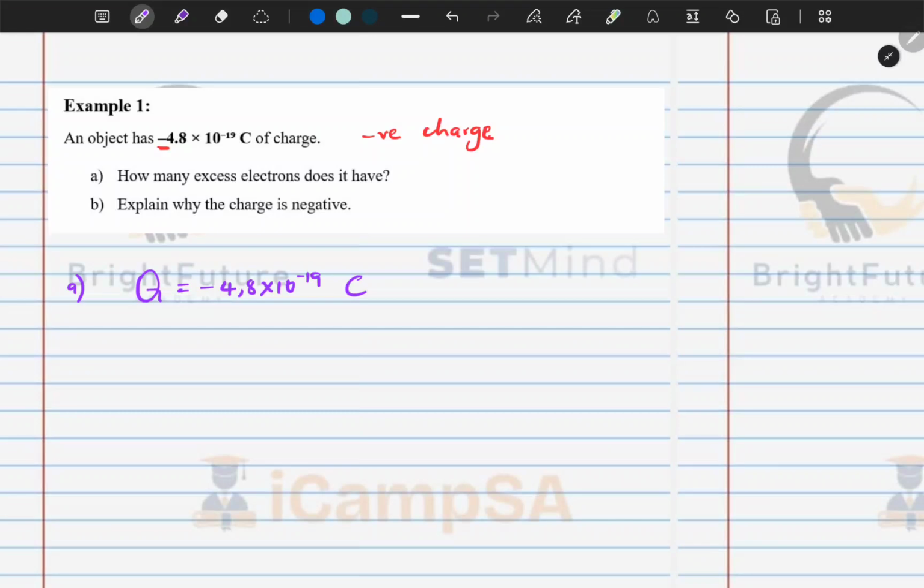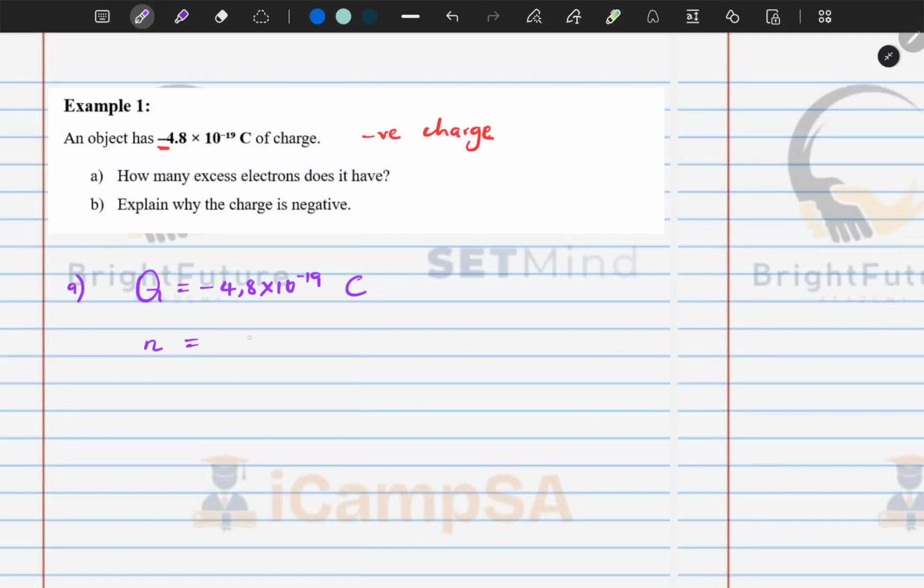Now the first question asks us, how many excess electrons does it have? When you're asked how many excess electrons an object with a certain net charge has, there's a formula that we tend to use.